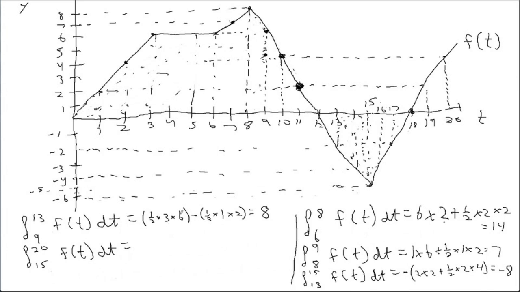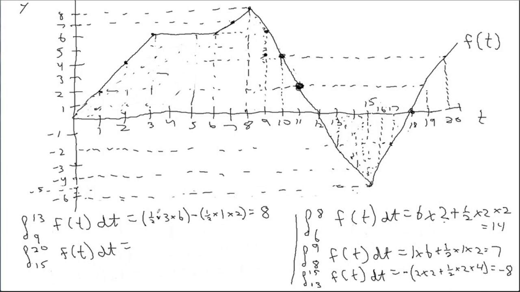Let's try this one. Okay, 20 and 15. Okay, so the area of the triangle between 18 and 20 is 4.